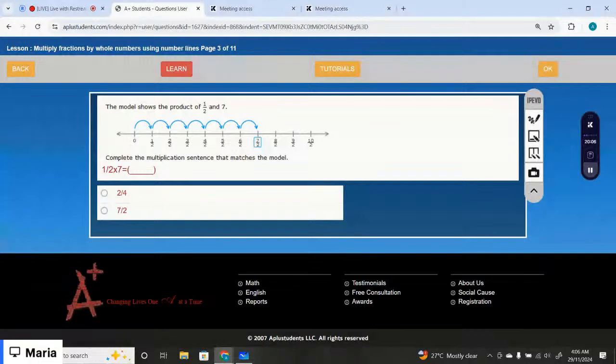The correct option is 7 over 2. Option number 2 is the correct option.